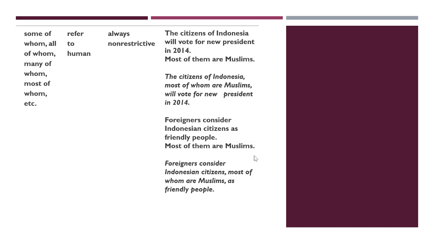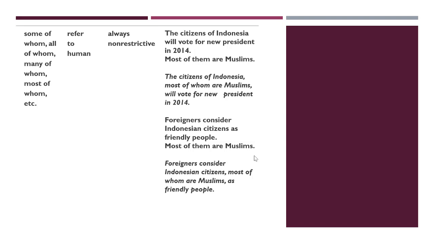The citizens of Indonesia, most of whom are Muslims, will vote for new president in 2014. Most of whom are Muslims is an adjective clause describing the antecedent, the citizens of Indonesia, and this functions as always non-restrictive.